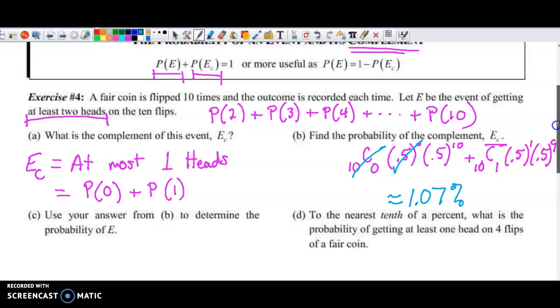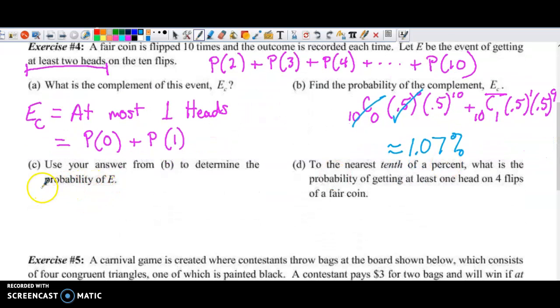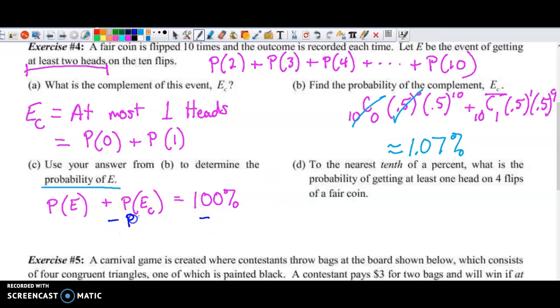So since we did the complement, we can figure out the probability of the event. And let me write it out as the equation up there, because the probability of the event plus the probability of the complement need to add to equal 1, or if you want to write it as 100%. So to me it makes sense, and you can bring the question to class, if you want to move that probability over, you would subtract it.